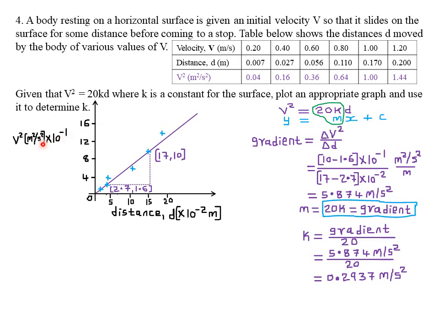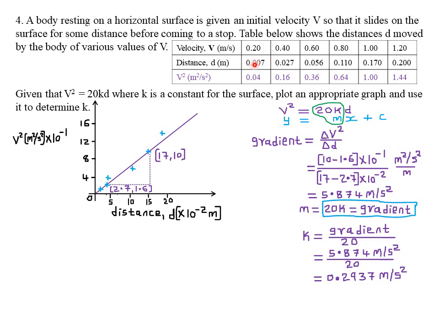Then again, I've included times 10 power negative 1 here for easy plotting, so remember to include it in your workings. Also we have times 10 power negative 2 for the distance. This helps us to conveniently plot our graph.